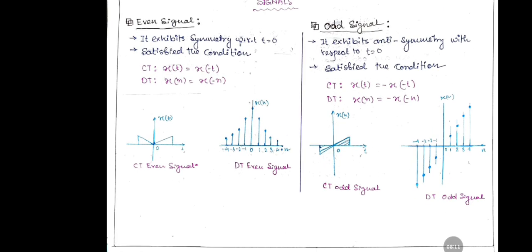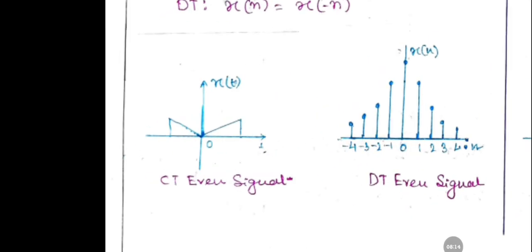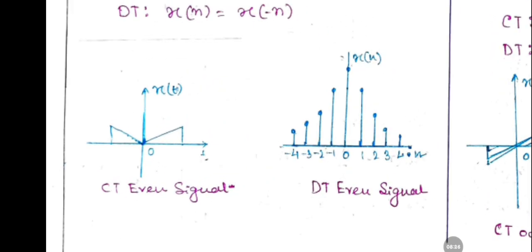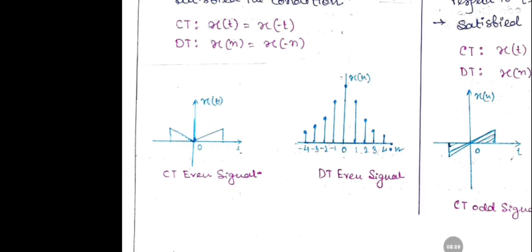As we can see in this picture, at t = 0 the positive half and the negative half are symmetric, a mirrored image. It is the same for discrete time signals. What is the difference between continuous time and discrete time? n is an integer here. We can see 1, 2, 3, 4, and here -1, -2, -3, -4, and so on.